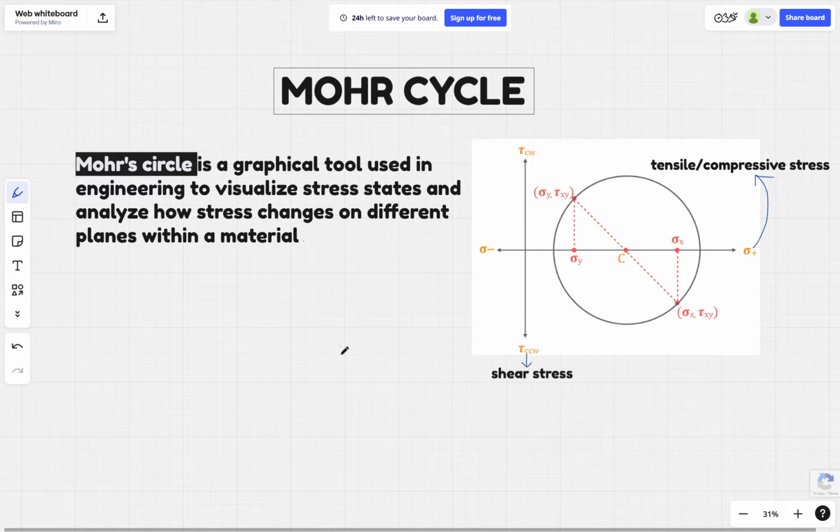This is a method where we can determine the maximum shear stress, or the maximum principal stresses or minimum principal stresses that are actually applying on a single body.